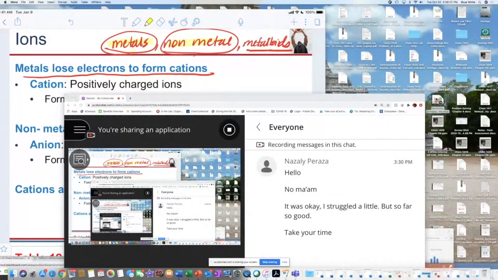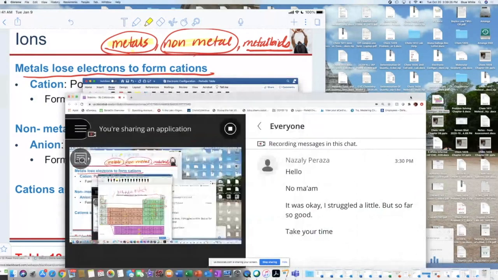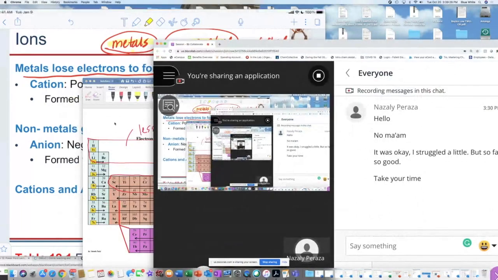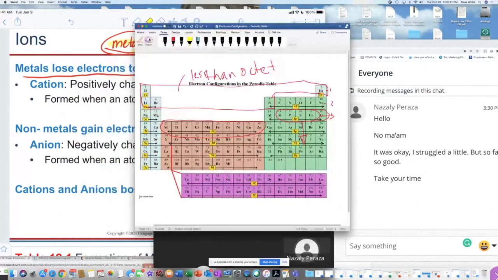The one that shows electronic configuration, because we're going to be needing that. This one right here. I use this from my earlier class, so I still have scribbles from there. I'm telling you, almost every class I teach, I pull out the periodic table. So it's a very important part of the lesson in chemistry.